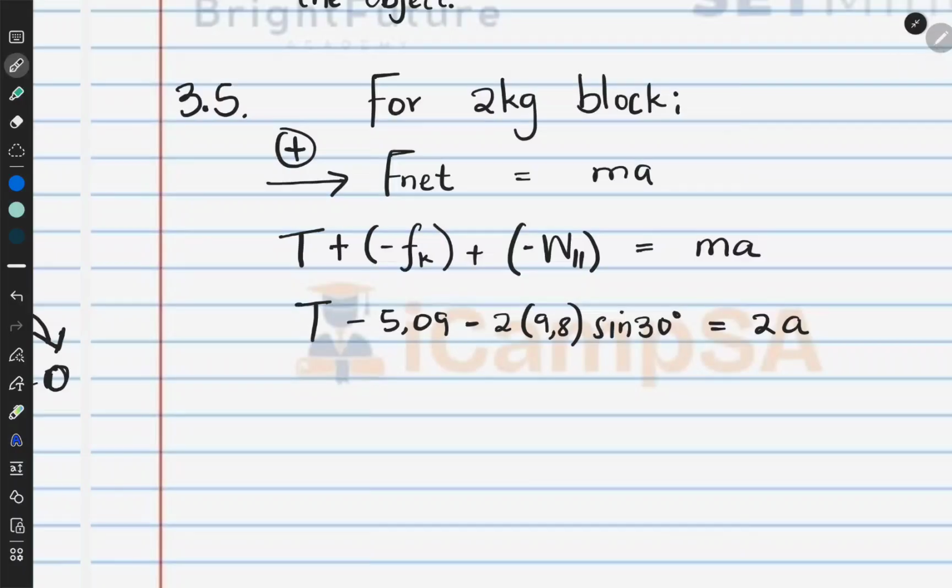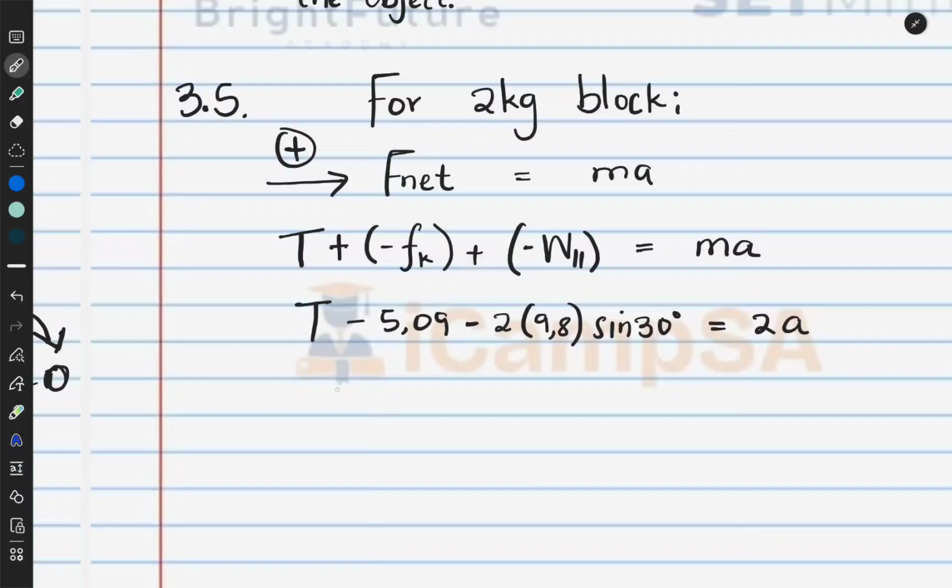Okay. So from here, we can make T the subject. Remember, you make T the subject because you are looking for a. If you are looking for T, you would make a the subject. So you make the parameter that you are not looking for the subject of the formula, and the one that you are looking for, you don't make the subject. It's always like that, so that when you equate the two equations, you can simply solve for that variable.